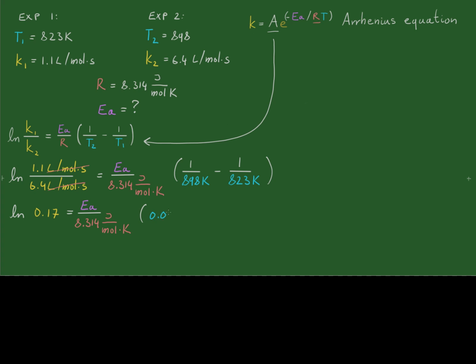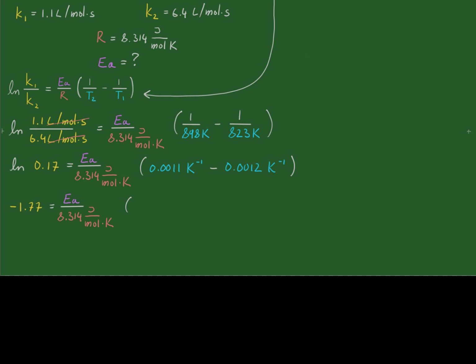Multiplied by, well, 0.0011 minus 0.0012 should be negative 0.0001, and the unit is still per Kelvin.